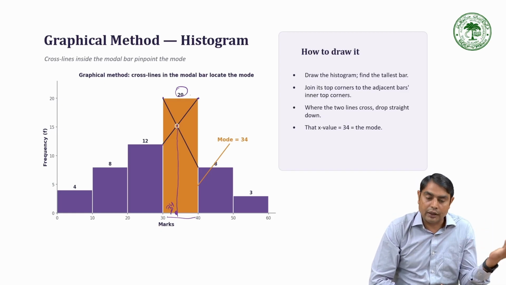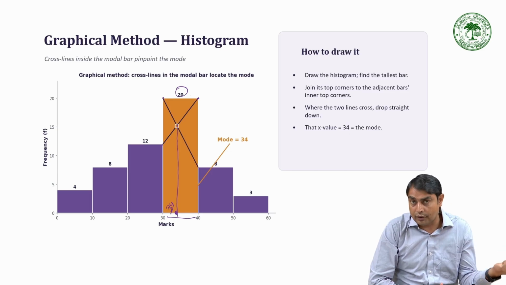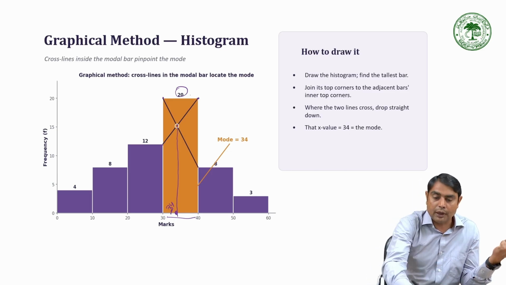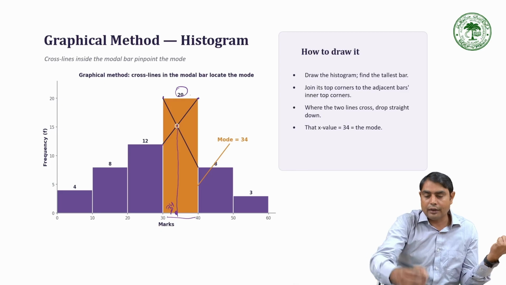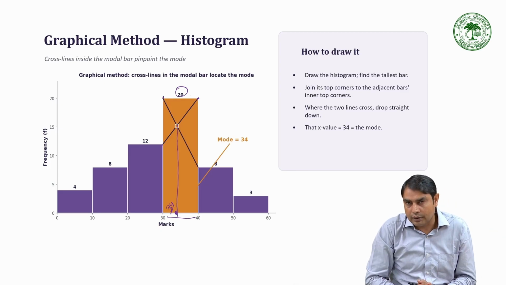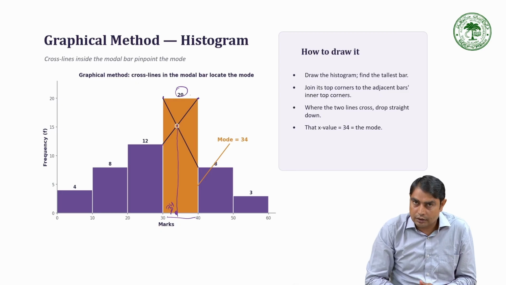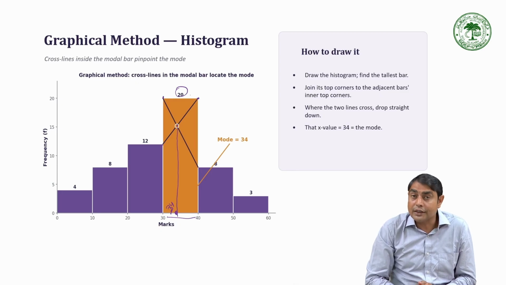Similarly, I have to take the left corner of my modal bar and touch the left corner of the succeeding bar, and where these two lines intersect will be my mode.